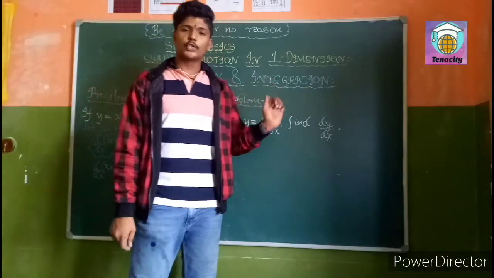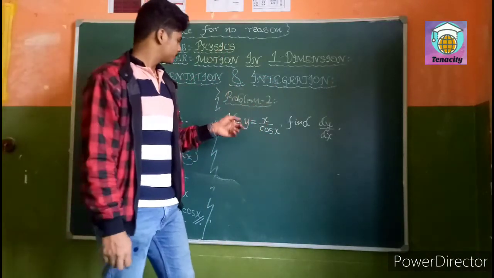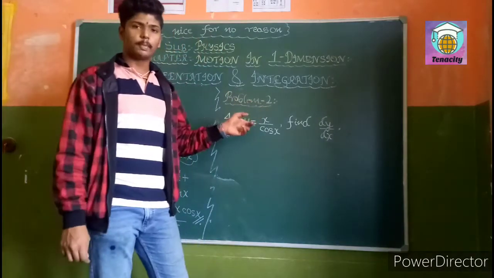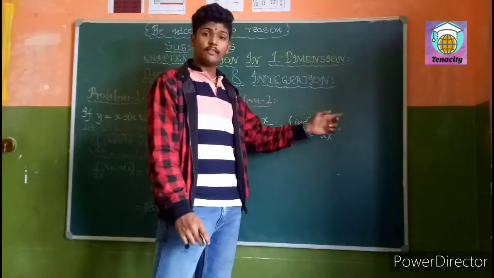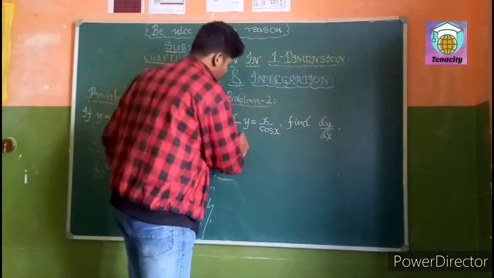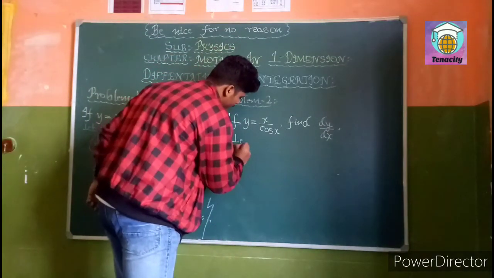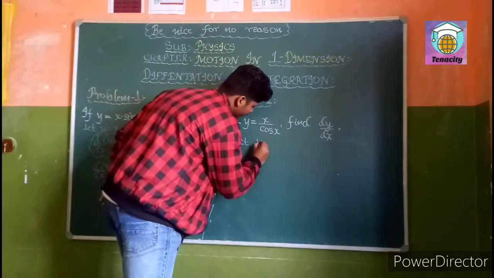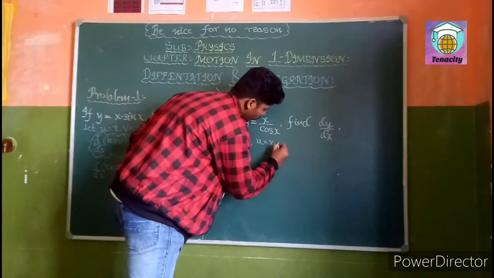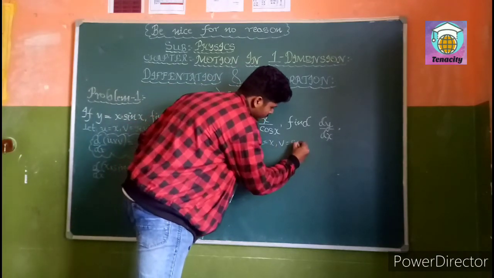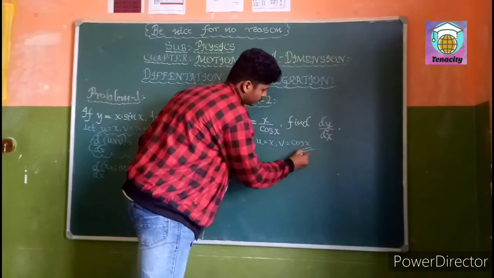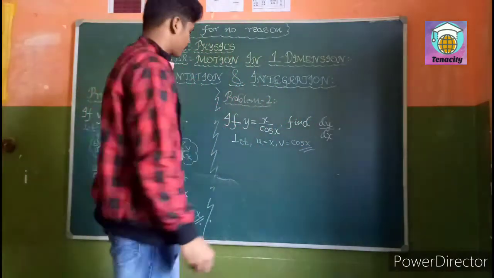Let us see the solution of the second problem. If y is equal to x by cos x, find dy by dx. Let u be equal to x, and v is equal to cos x. You assume this.